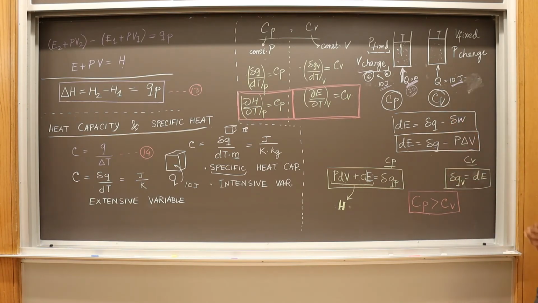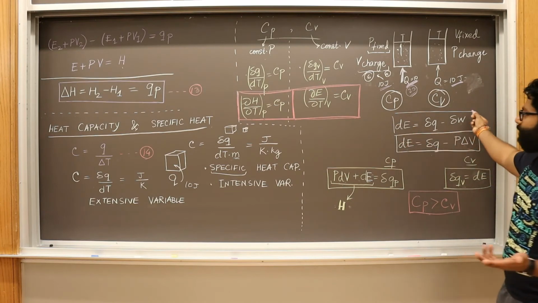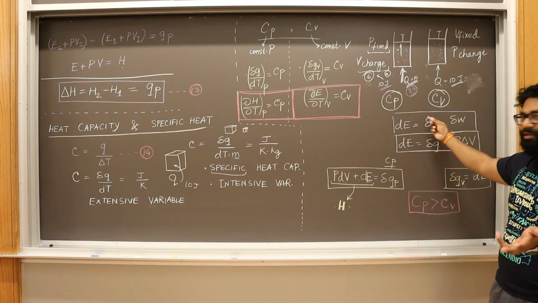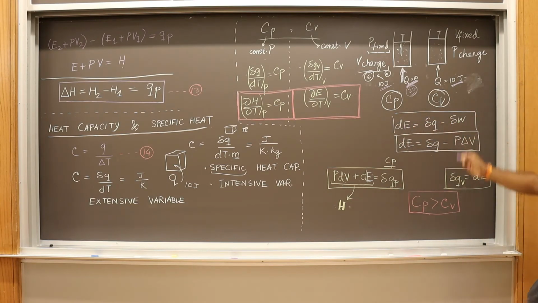Now you've seen this equation a number of times. This is the first law of thermodynamics: dE is equal to del Q minus del W. For the Cv situation, del W can also be written as P del V, as we saw earlier. Now for the Cv case, since it's a constant volume, what will happen to this del V? This goes to 0, right? So what is left in here?